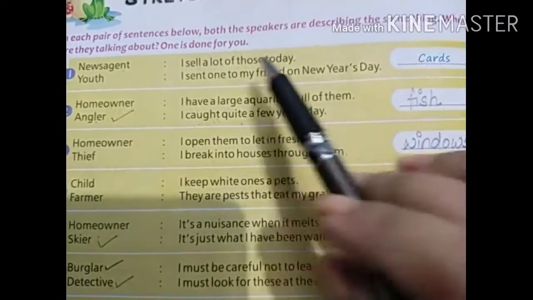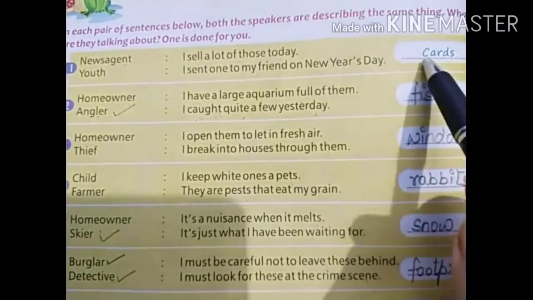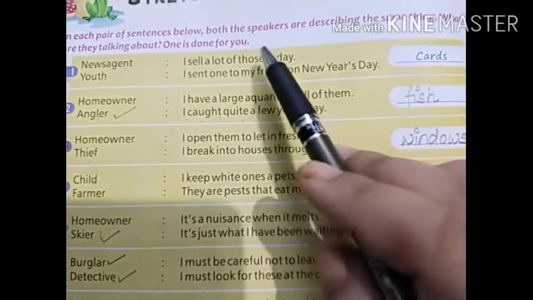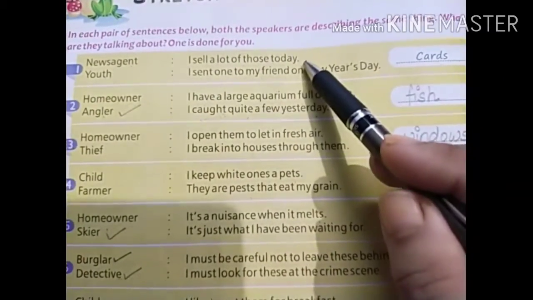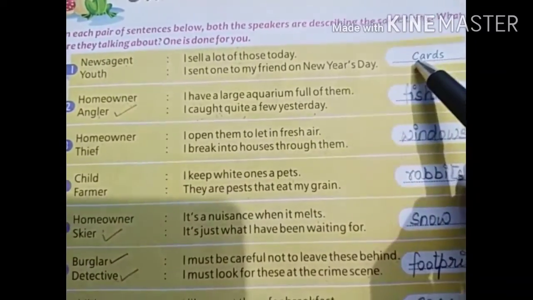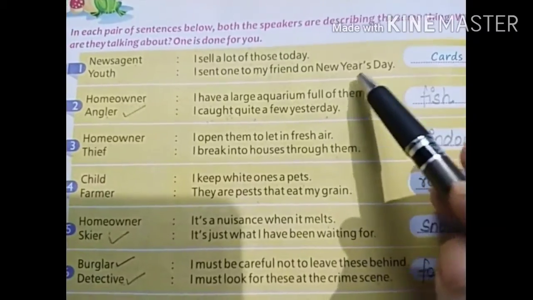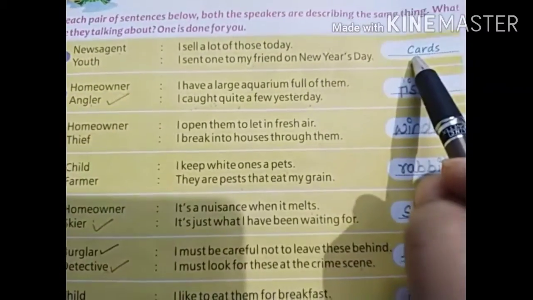The news agent said, I sell a lot of those today, and the second speaker said, I sent one to my friend on New Year's Day. So they are talking about the cards.